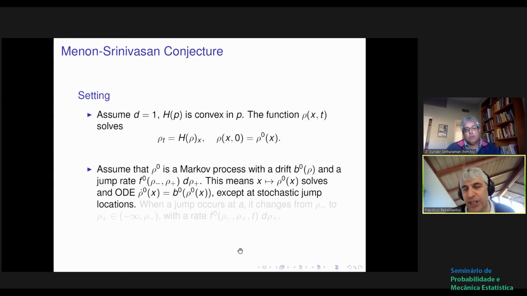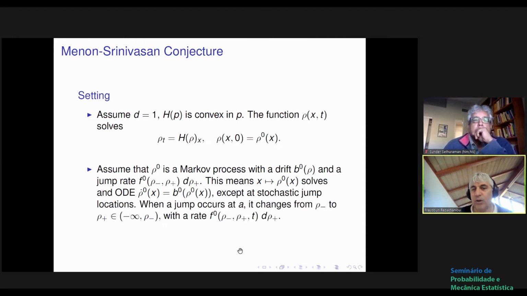If you differentiate the initial profile as a function of X, then the derivative is given by B0 of whatever the value of rho 0 is. Though occasionally you make a jump and the jump is given by this. So this is the initial description of the solution to this PDE, the scalar conservation law.